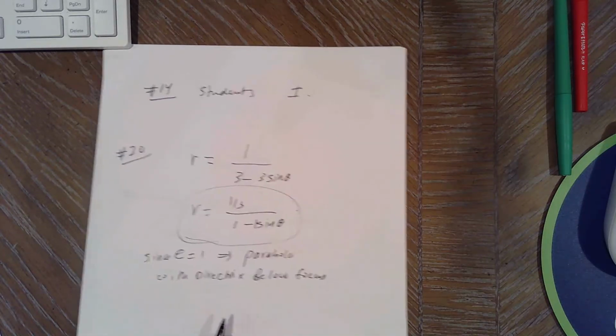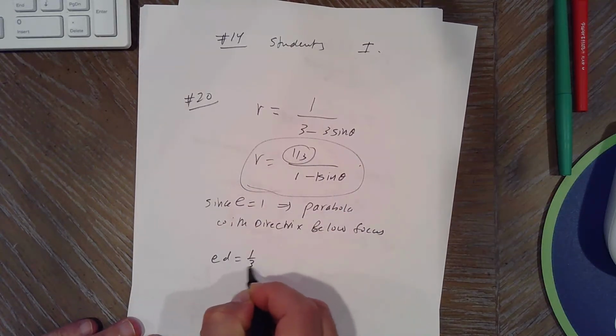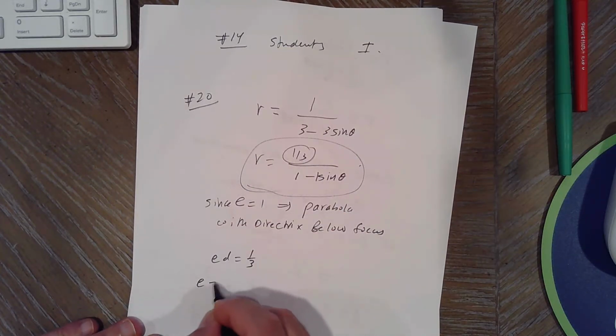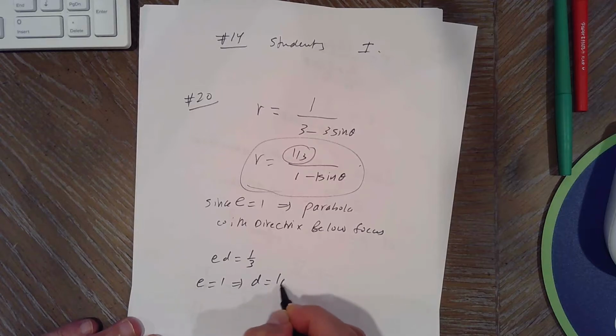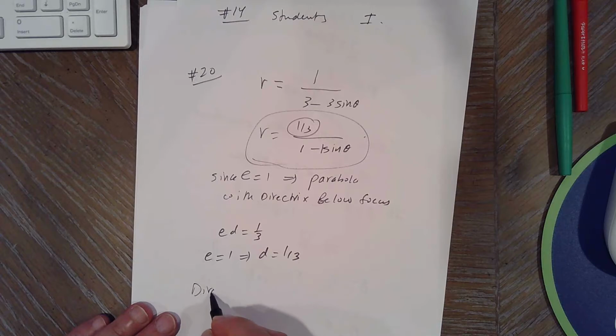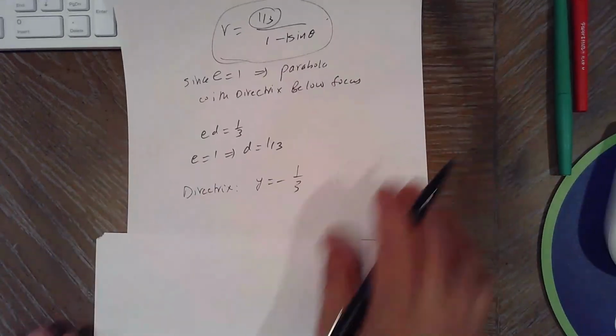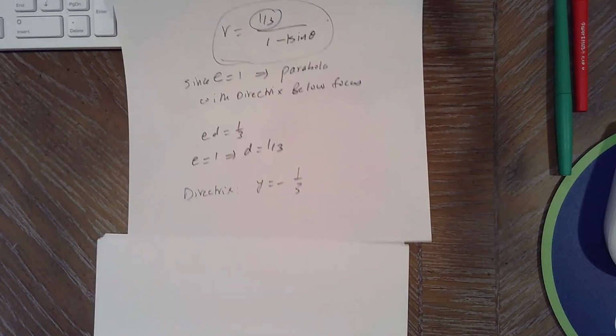Directrix is below the focus. Now this is ed. ed is 1/3 and e is 1. That means d is 1/3. And the directrix is going to be y equals negative 1/3, and let me explain that.